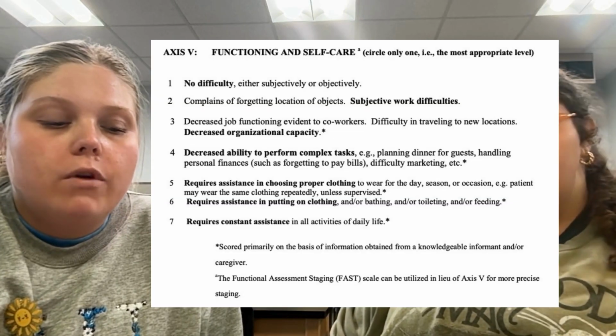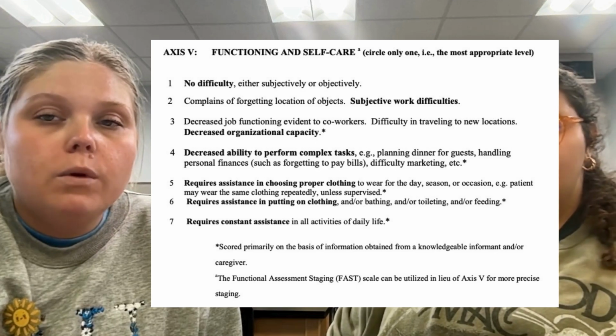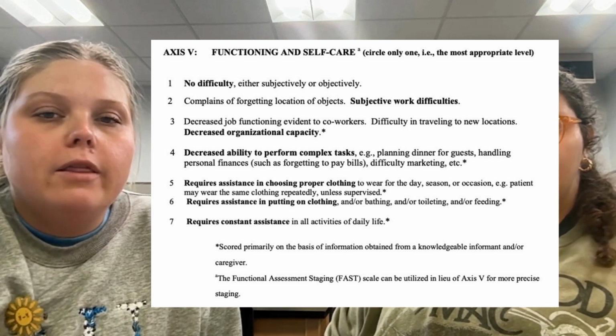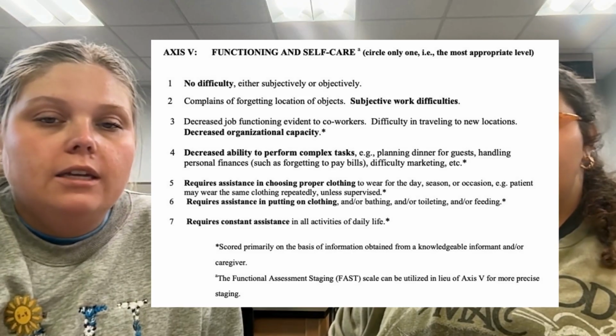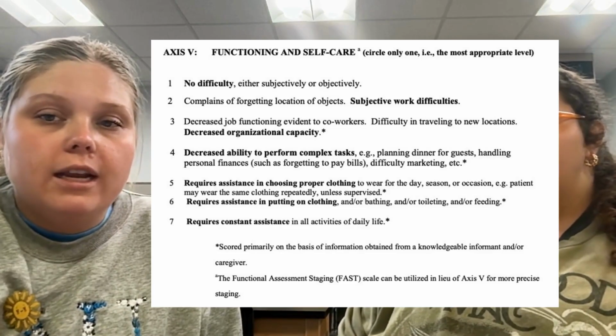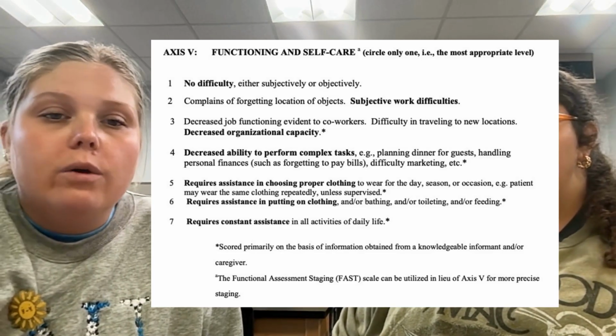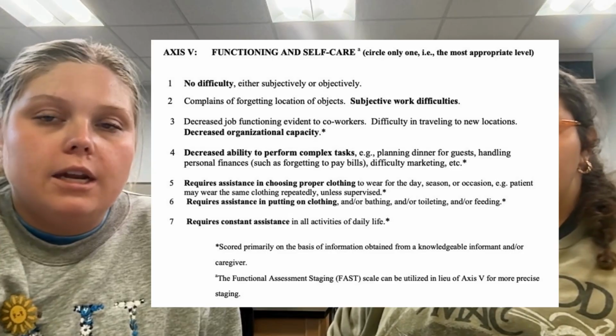Axis 5 is functioning and self-care. This one's a little different from the other axes because it's scored mainly from informant and caregiver report and not the patient's own account. I would ask the caregiver things like, does the patient manage their finances independently? Do they need help choosing clothing? Can they manage their hygiene?